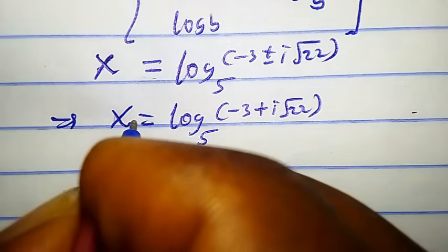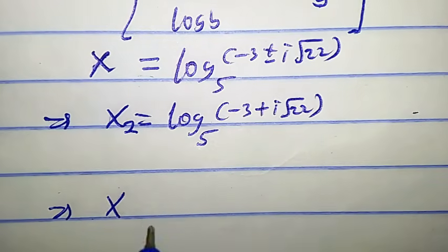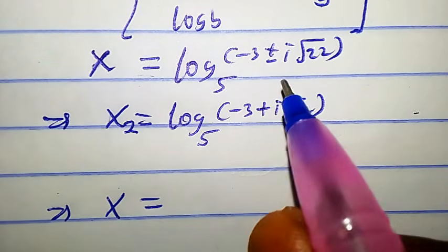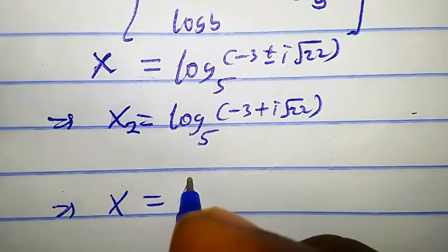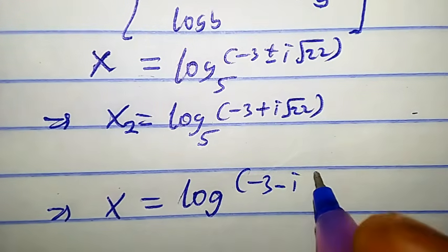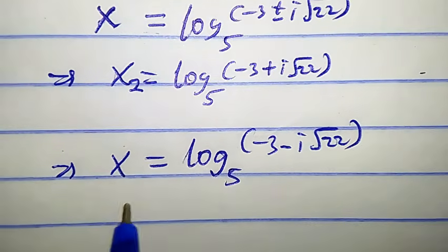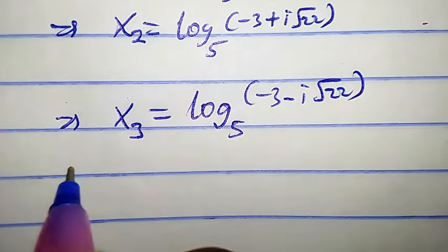Let's call it x2, second solution. And also x equal to, considering the negative sign, we have log of minus 3 minus i times square root of 22 base 5. Let's call this x3.